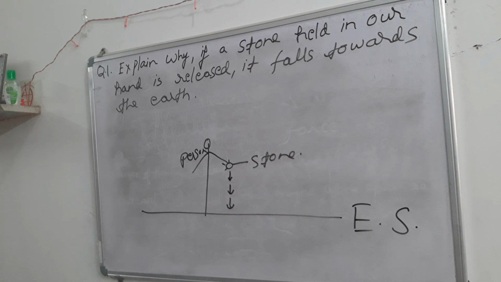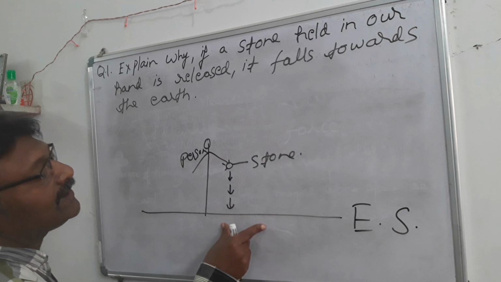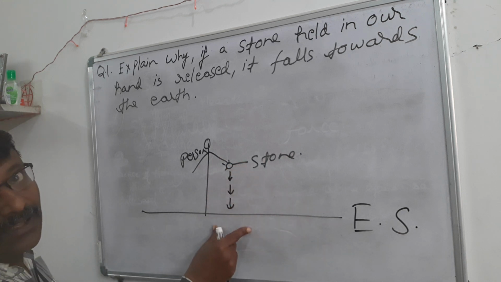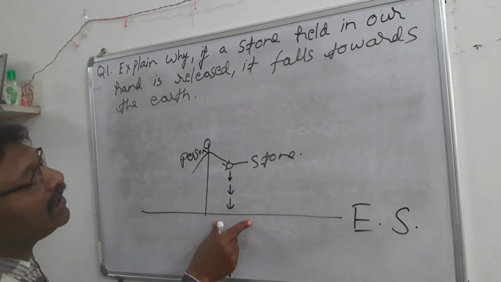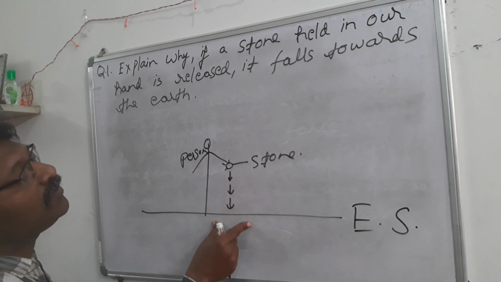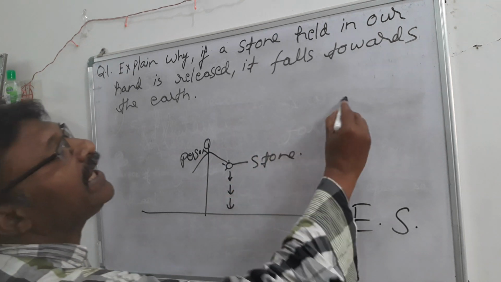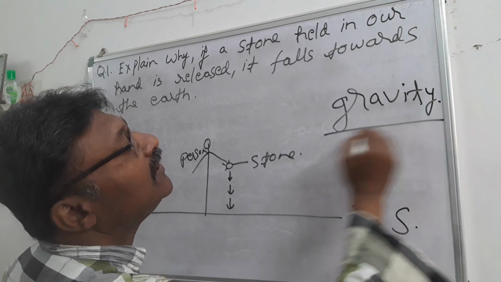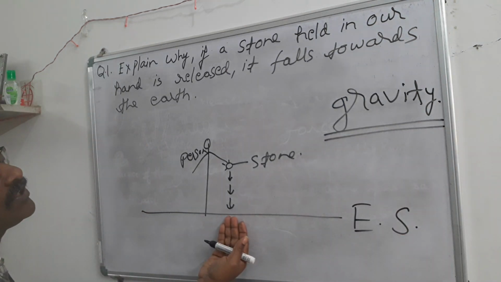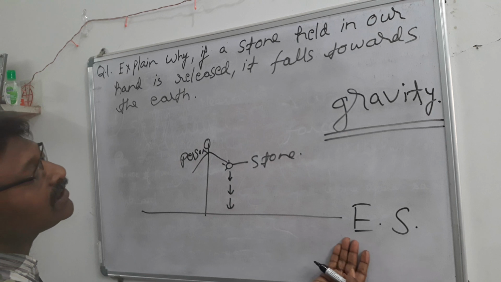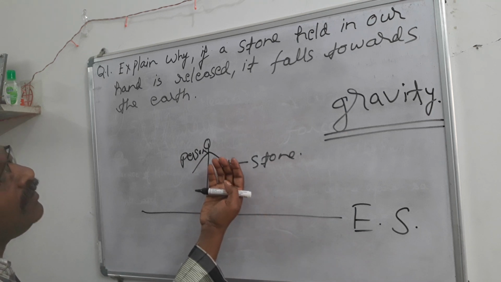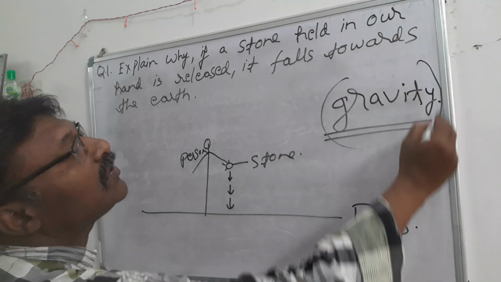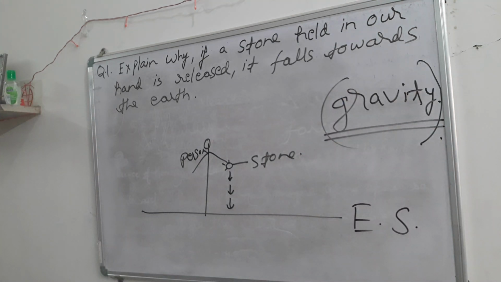This is because the earth exerts a force of attraction towards the stone, which is called gravity or the gravitational force. So because of the gravitational force exerted by the earth, the stone will fall towards the earth. It is because of the phenomenon which is called gravity.